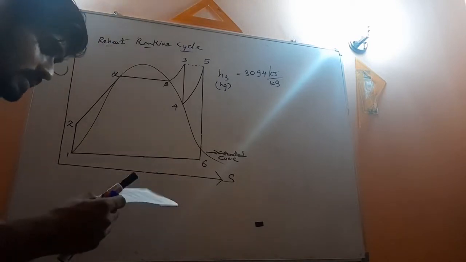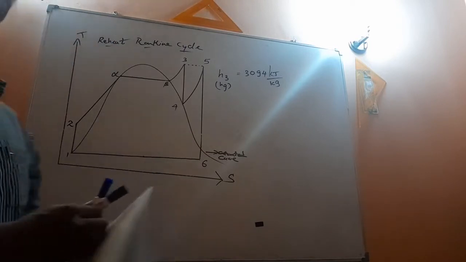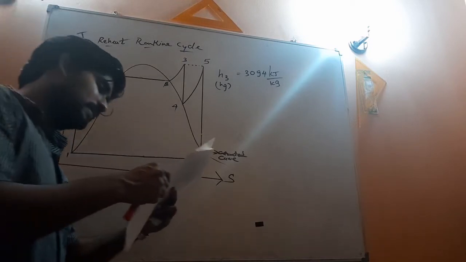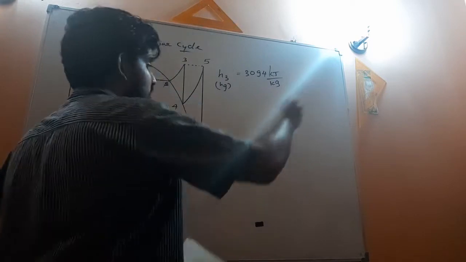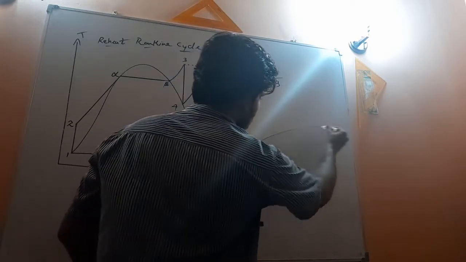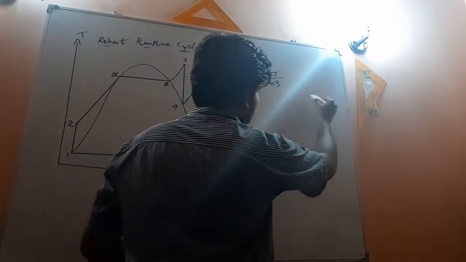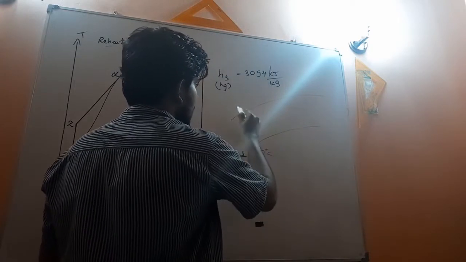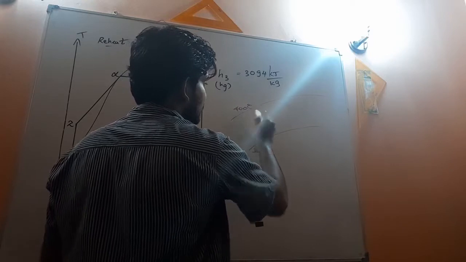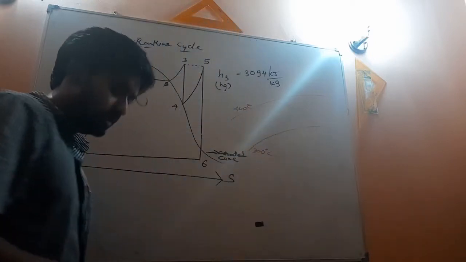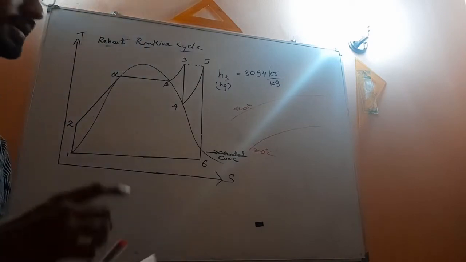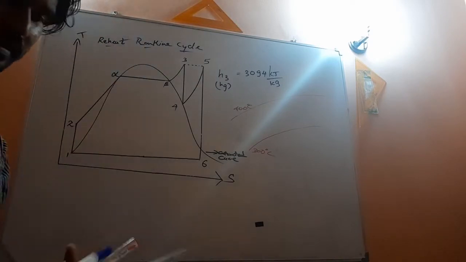So now in HS chart, we have temperatures like 300 degrees Celsius and 400 degrees Celsius. Okay. So in between this 300 to 400, again there are 5 subdivisions, right?